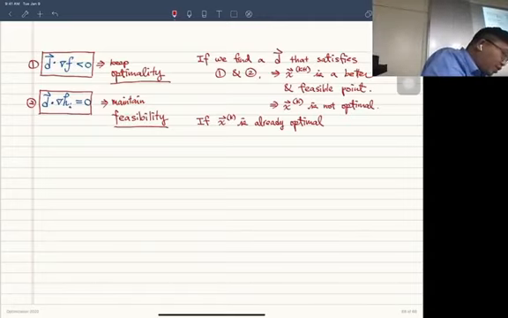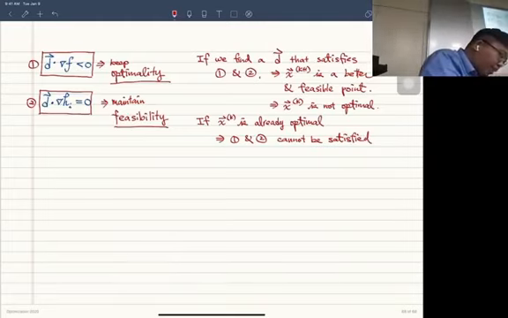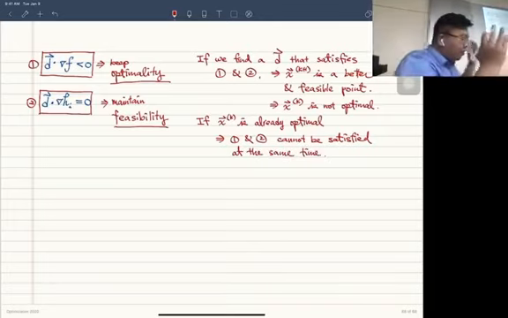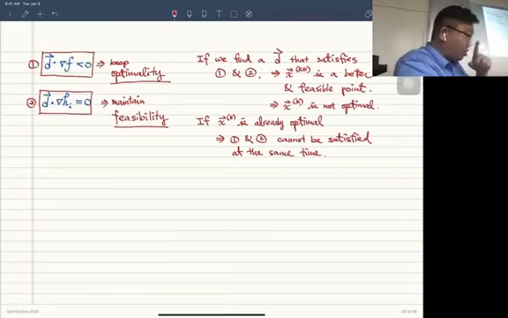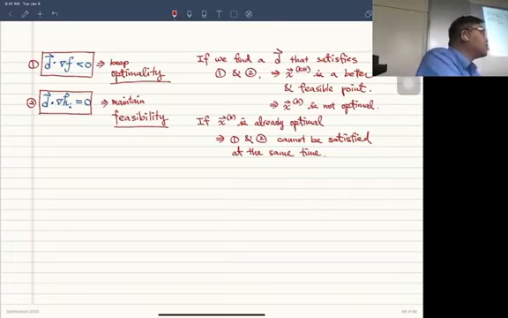Okay, so let's think about this. One and two cannot be satisfied at the same time. If the current one is already optimal, your statement one cannot be satisfied.